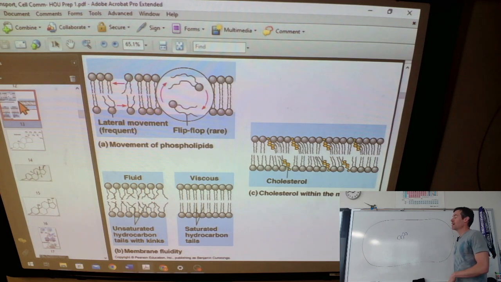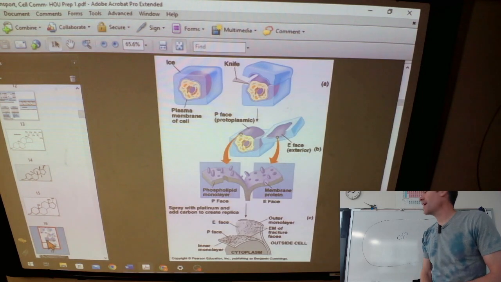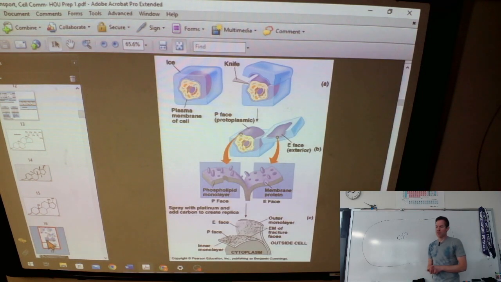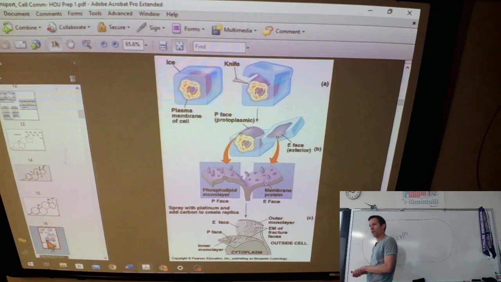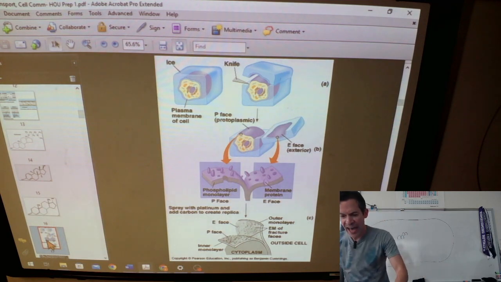Okay. The next thing that we want to look at is when we start looking at cell membranes, it turns out there's quite a bit of stuff in them. So back in the day, some scientists were trying to figure out what's going on with cell membranes. They're like, hey, I need to see what's in there. So somebody was tasked with dissecting a cell membrane.